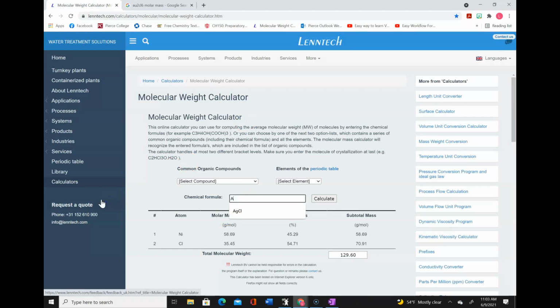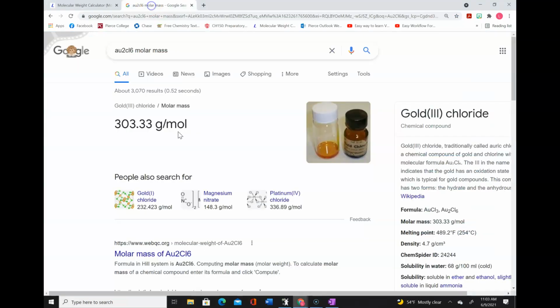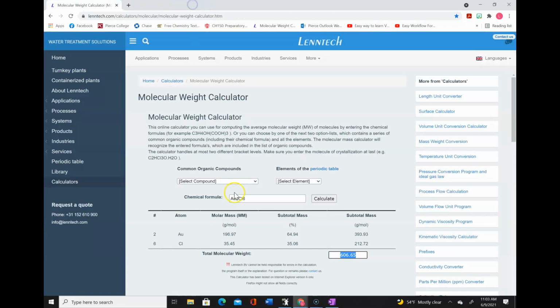But in the calculator, Au2Cl6 is actually 606. So be aware of that: don't use Google, use a legitimate molar mass calculator.